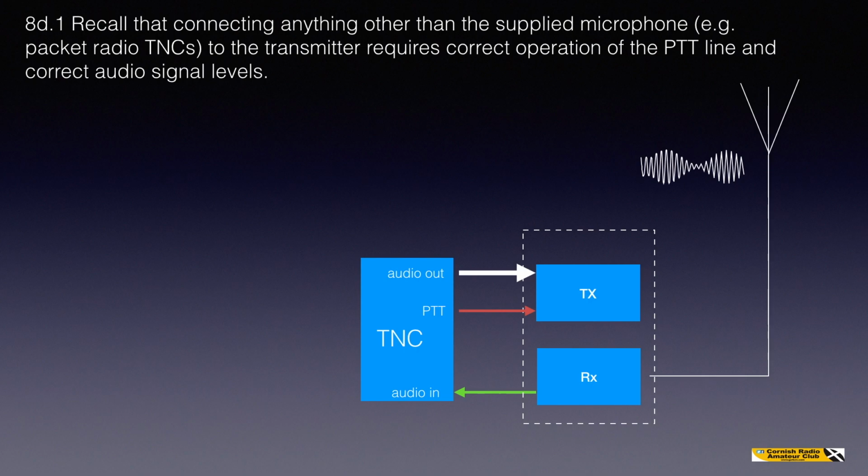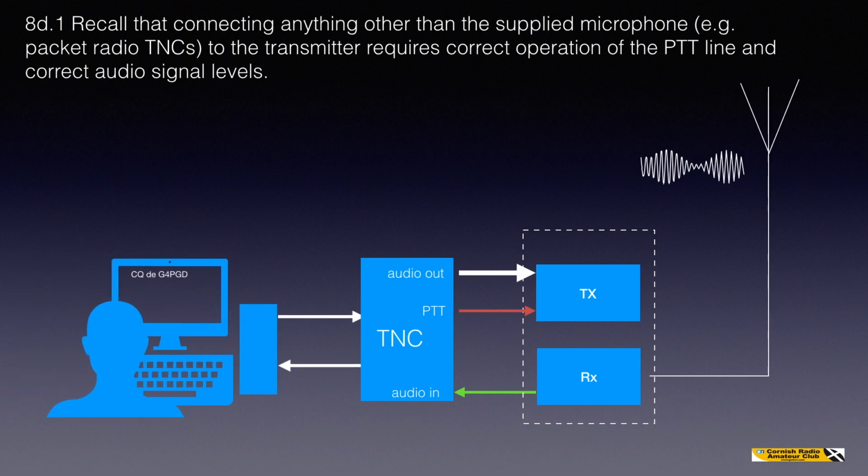And connected to the TNC you will have a computer or a dumb terminal, in other words a screen and a keyboard, and the way this works is that you type characters on the screen. They're sent as data to the TNC, which turns them into audio tones, which sends them off to the transmitter, and any tones that you receive on the receiver are turned back into data and then displayed on your screen.